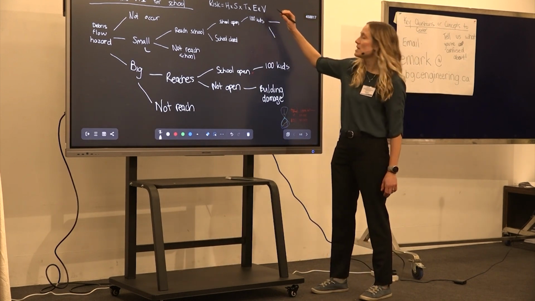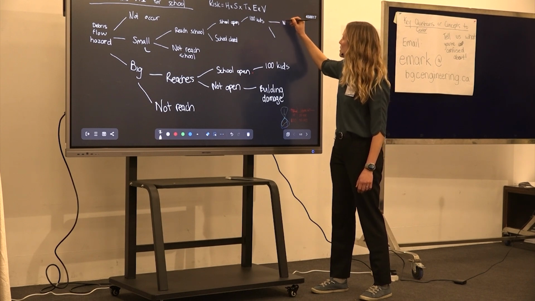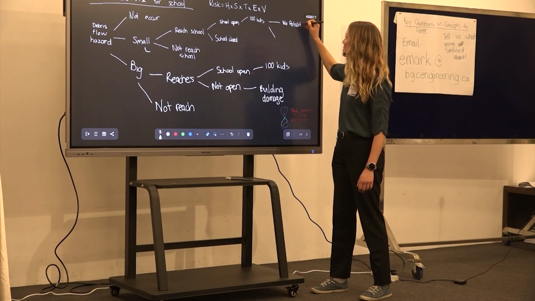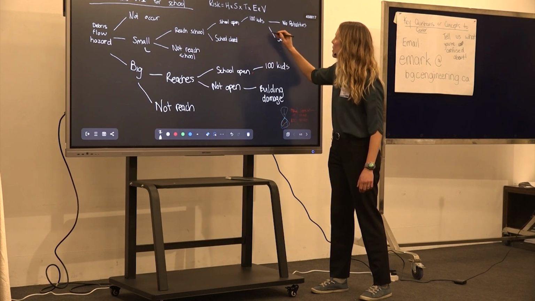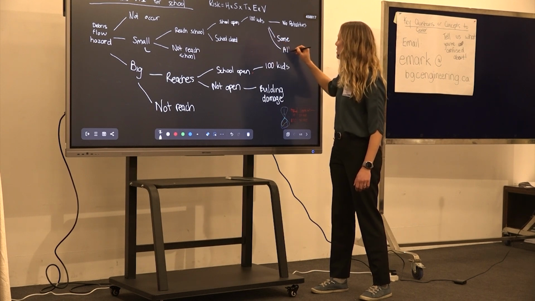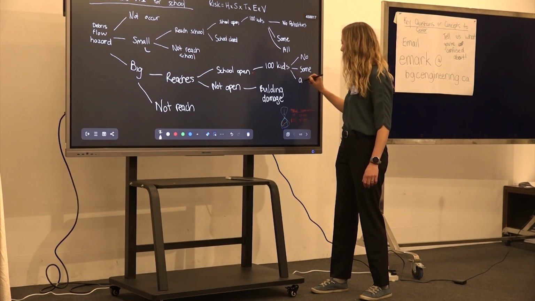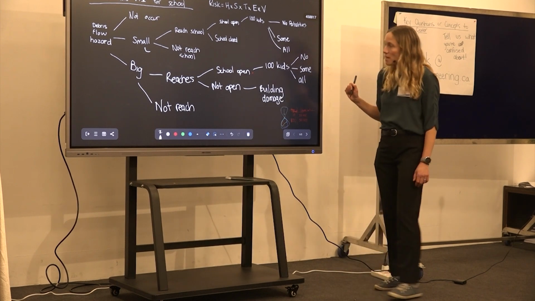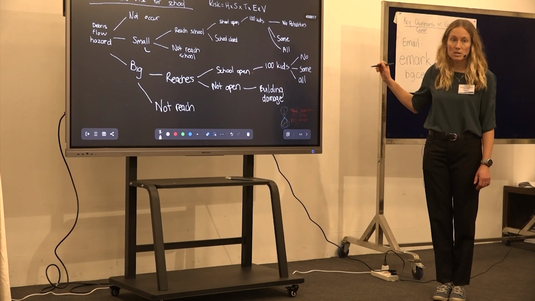So for vulnerability, there's different cases, and maybe there's a case where there's no fatalities, some fatalities, or all. And then same thing, no, some, all.